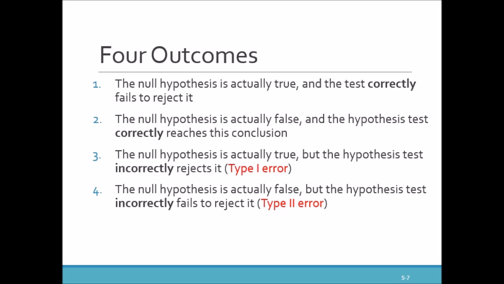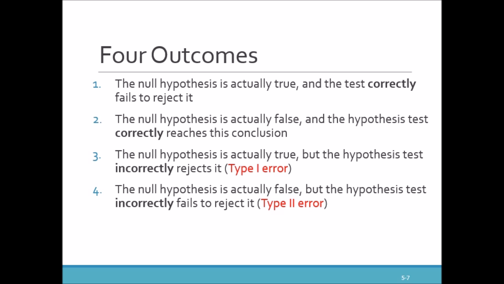Again, if the null hypothesis is innocent until proven guilty, this is saying that we are letting a guilty man walk free, that we weren't able to actually prove to the court system that that man was truly guilty, and so they walked free. So that's a type 2 error.